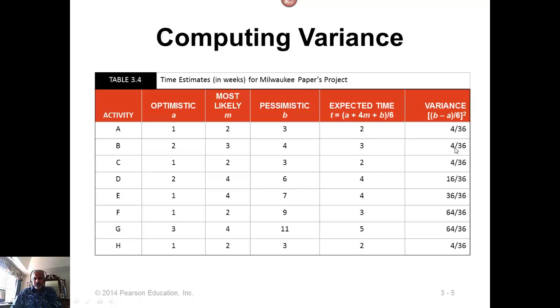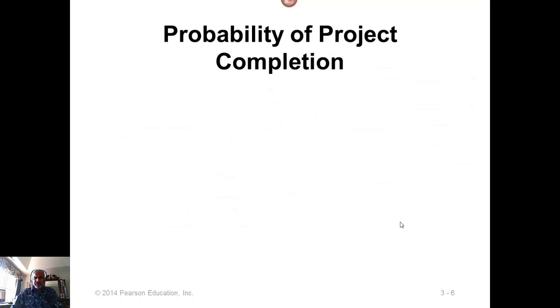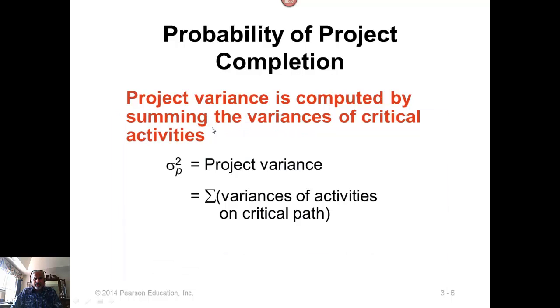Now remember, you shouldn't add all these numbers up, because some of these activities are done in parallel. So if you add the expected times, you'll only get the total work content, not the expected project completion time. Similarly, the sum of all the variances will not give you the project completion time variance. Project completion time variance is given by the sum of only the critical path activities.